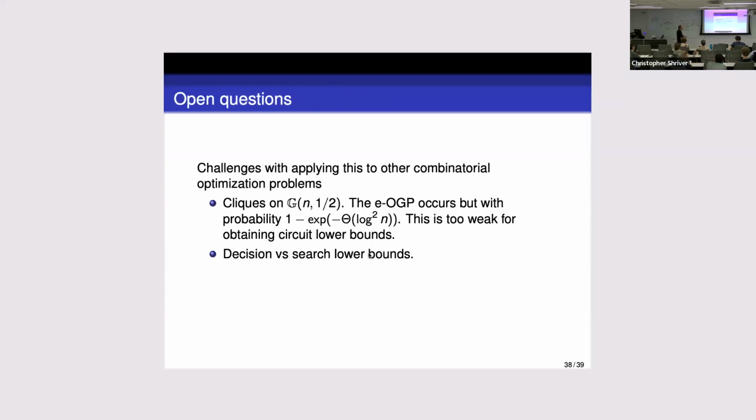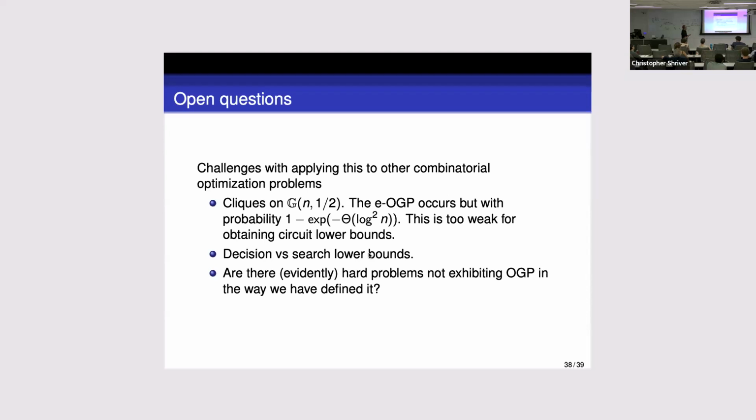Let me close with some questions. I started this whole thing with independent sets. Sorry, it says cliques here, but it's the same thing. Independent sets in dense random graphs. There's a failure of algorithms, this factor 2 gap. It would be nice to show that this gap is not bridgeable by something like a low-depth circuit.